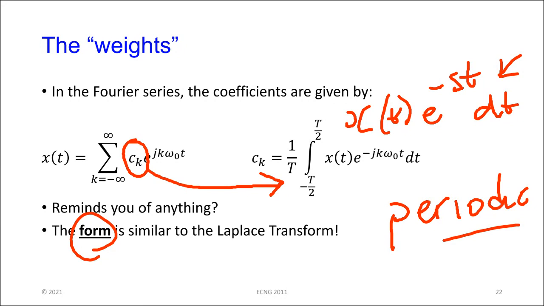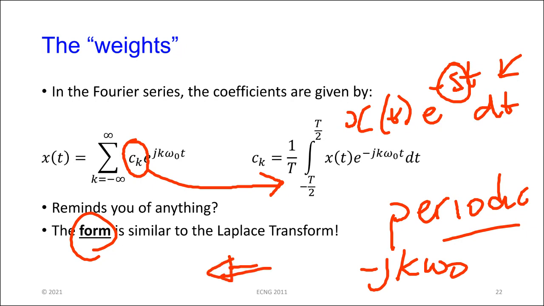We have the same x of t, and instead of s now, we're replacing s in this particular thing by jk omega naught. Notice again, we're getting closer to what we were doing in our circuits class, where we said we replace s by j omega.